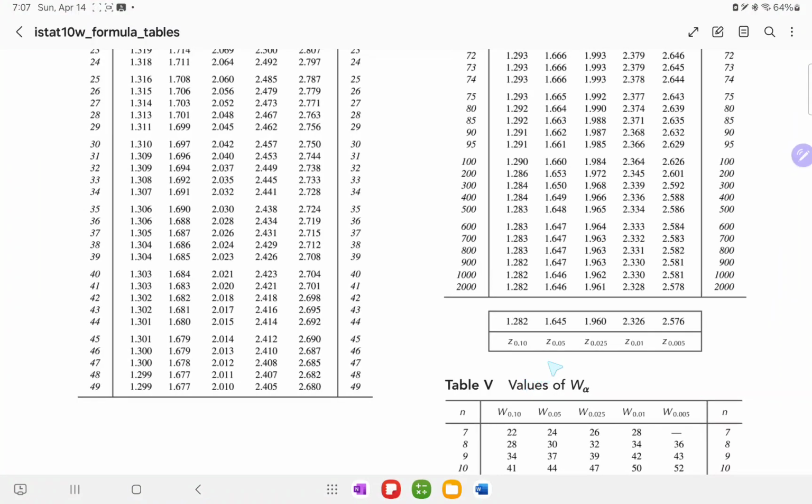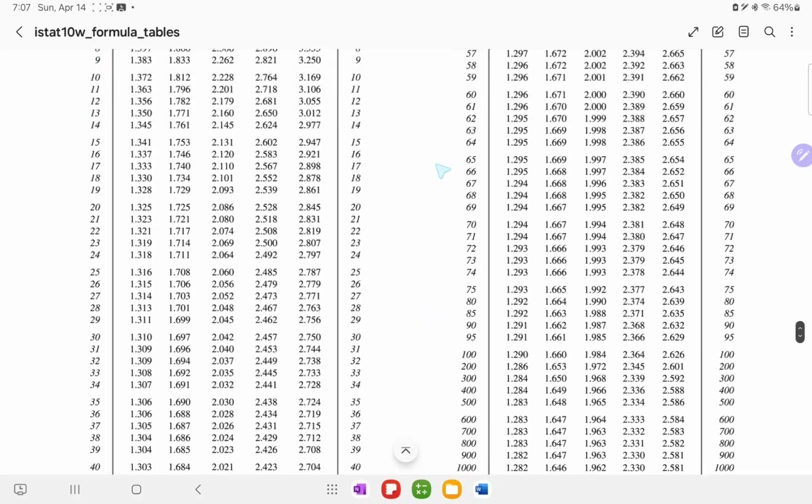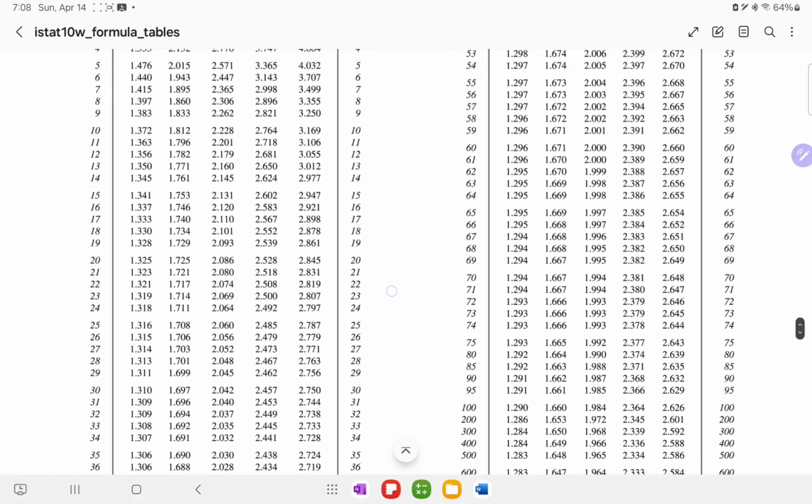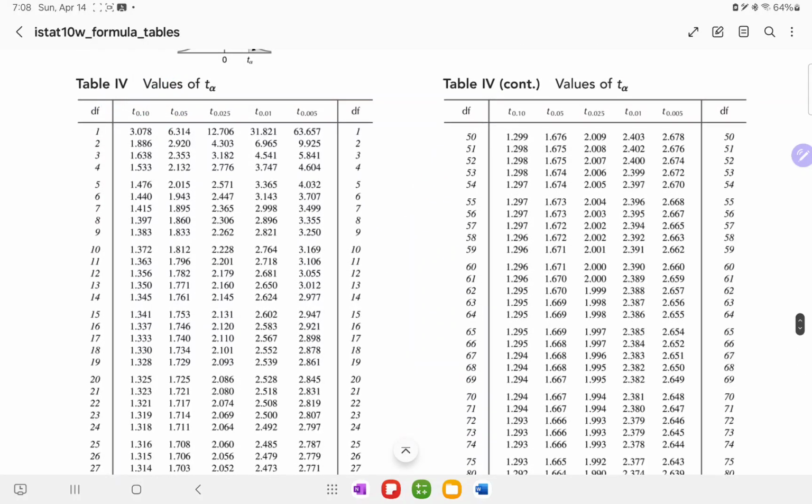For the statistics 2 table, there's a special table provided with special alpha values. We have this small table here with 5 special alpha values under the T table. The T table here is table 4.